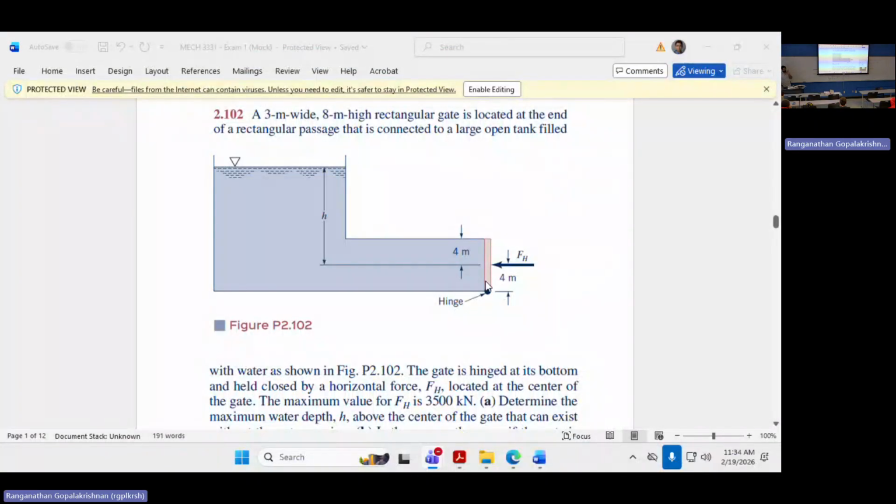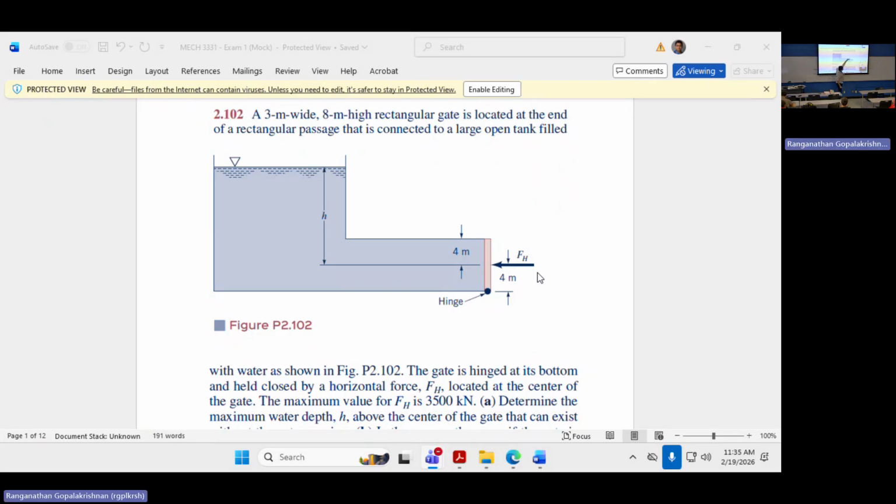Okay, do we have a strategy? Have you thought of what you will do first? The question says they are already applying a force Fh, whose maximum is 3,500 kilonewtons. The question is, will the gate stay closed for this maximum force? What is the water trying to do?